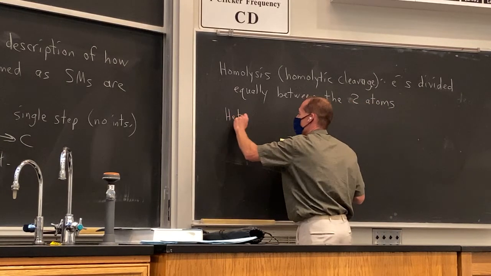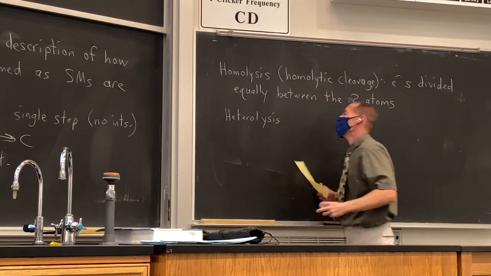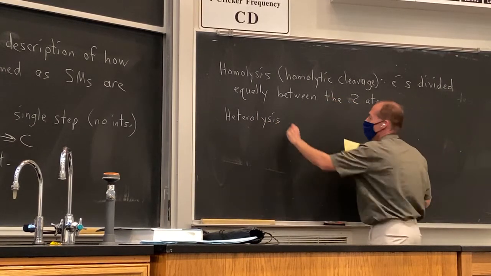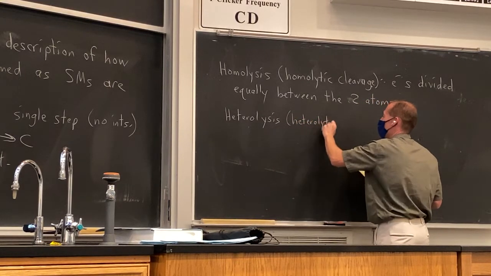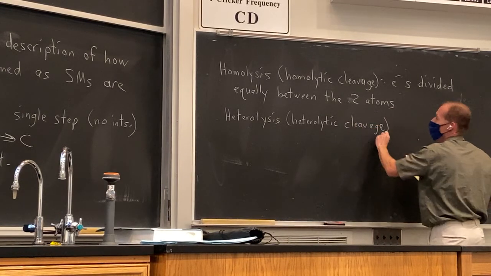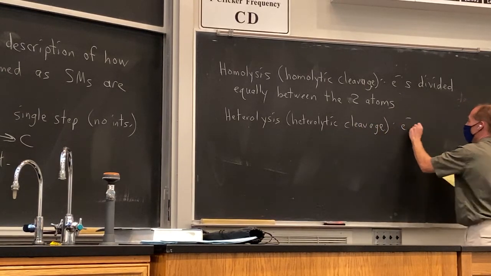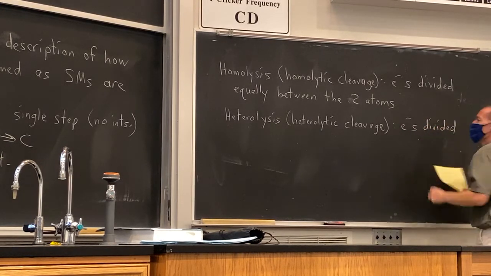Our second type of bond-breaking method is called heterolysis or heterolytic cleavage. You can probably guess that in a heterolytic cleavage, the electrons in the bond are going to be divided unequally. Hetero meaning different.